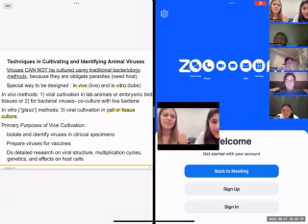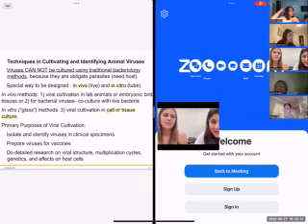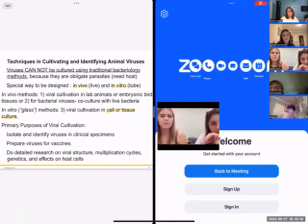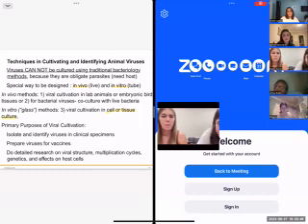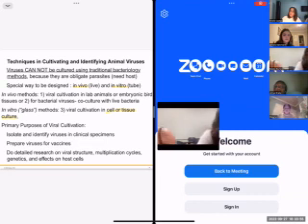Techniques in cultivating and identifying animal viruses. Viruses cannot be cultured using traditional bacteriology methods because they are obligate parasites, which means they need hosts. Special methods are designed: in vivo, which is live, and in vitro, which is glass. In vivo methods involve viral cultivation in lab animals, embryonic bird tissues, and for bacterial viruses, co-culture with live bacteria.